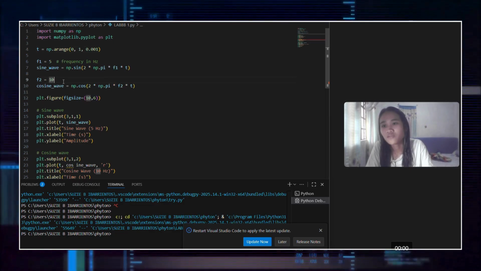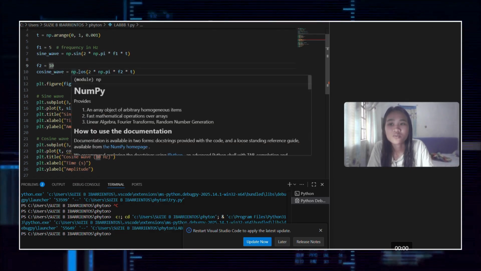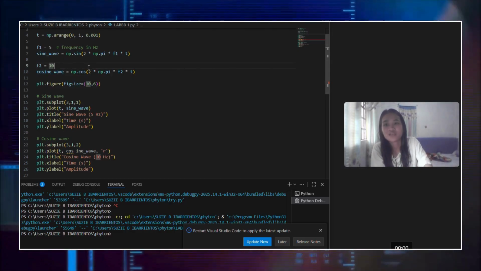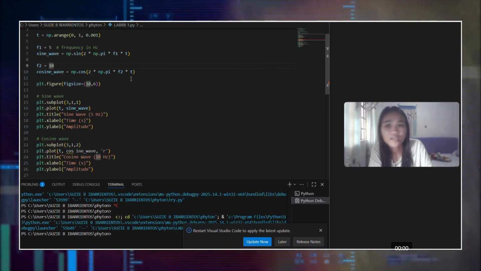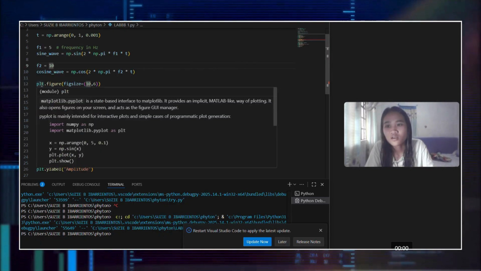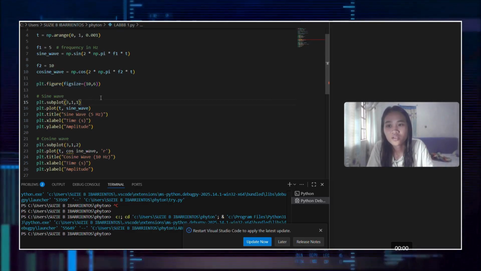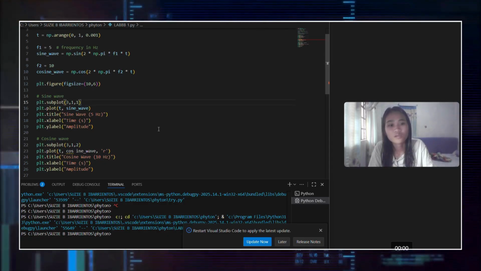For the cosine wave, I also have a frequency, which is 10. It is np.cos of 2 times np.pi times f2, which is 10, times t. This here is the plot figure, or the size of the plot.